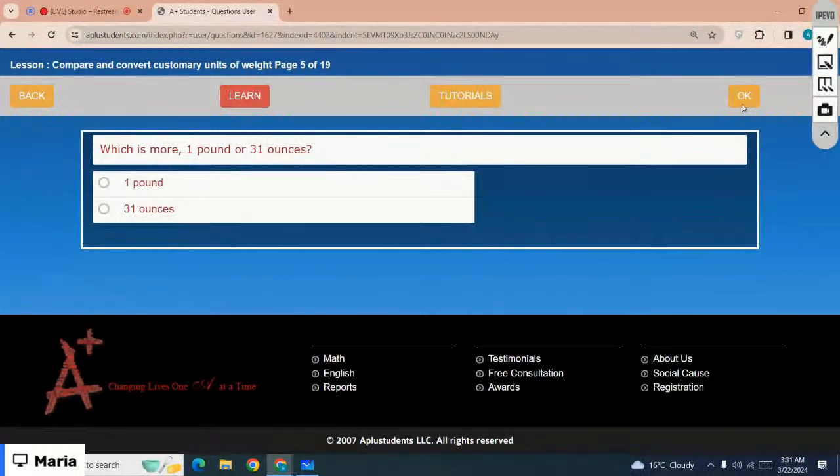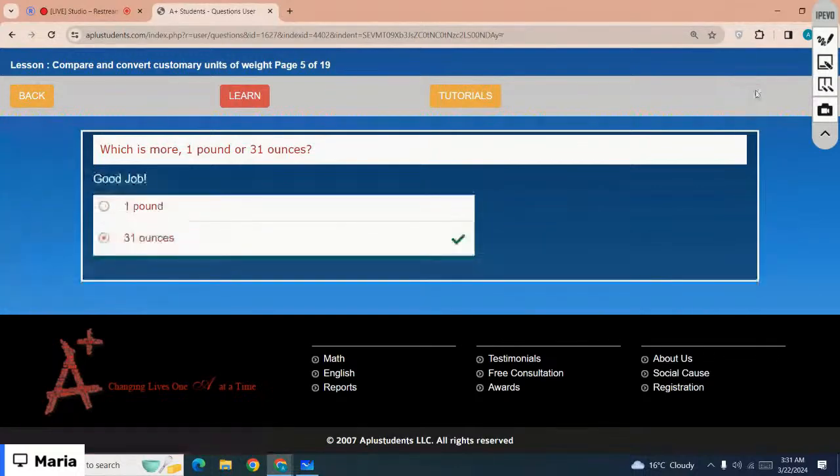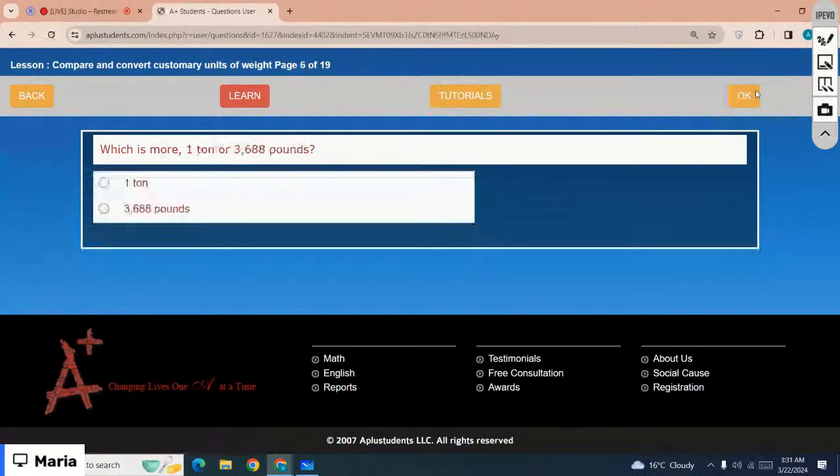How? In 1 pound you have 16 ounces. So which is more? 16 ounces or 31 ounces? 31 ounces is more. The correct option is 31 ounces. Isn't it?